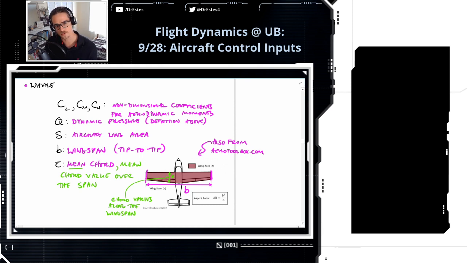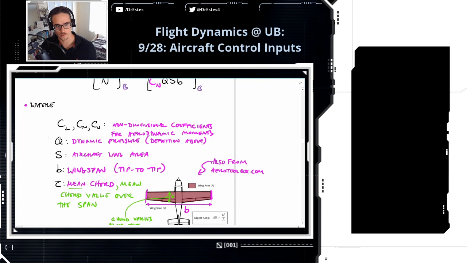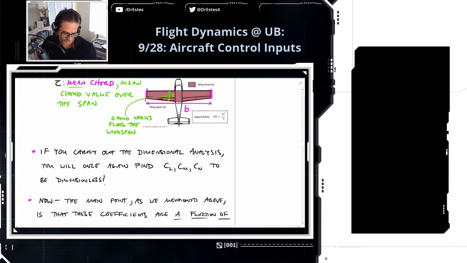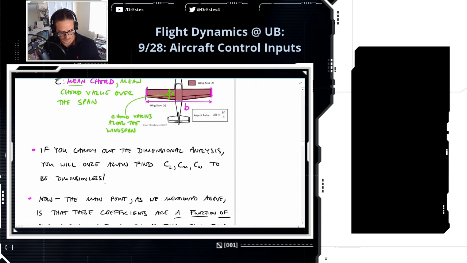So this is how the non-dimensional coefficients are related to the actual aerodynamic moments and forces here. We're not going to do this for the moments like we did for the forces, but if you do a dimensional analysis, you'll find out that these terms do indeed work out to be dimensionless.